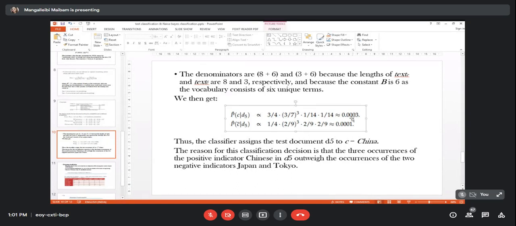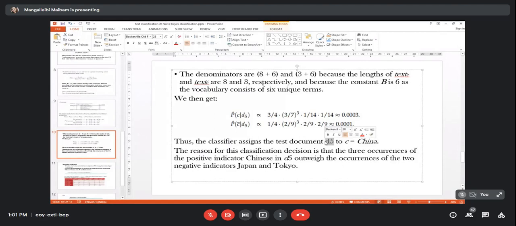Therefore, it also has higher chances of belonging to the China class. That's why the classifier will assign the test document D5 to China class. This method is known as text classification using Naive Bayes, Naive Bayes text classification.